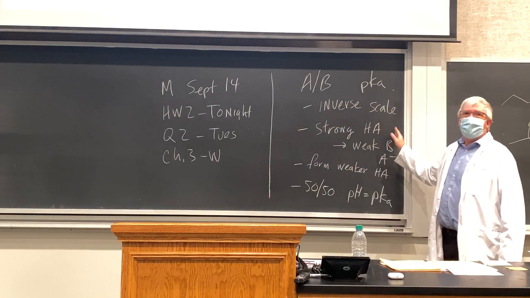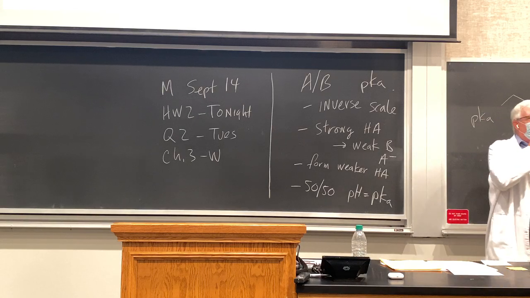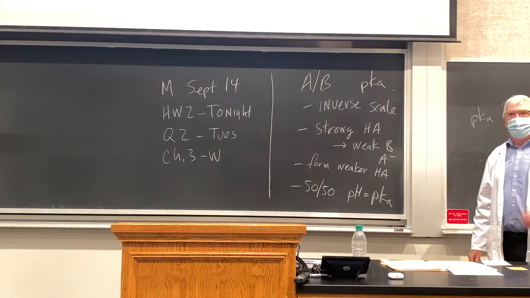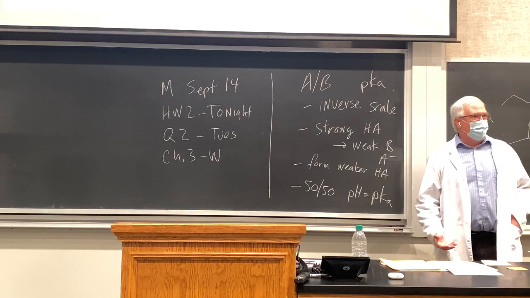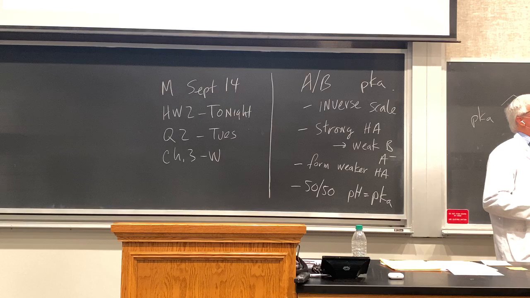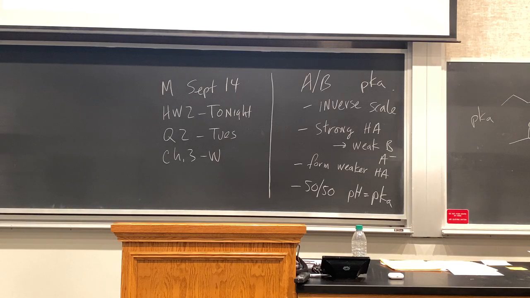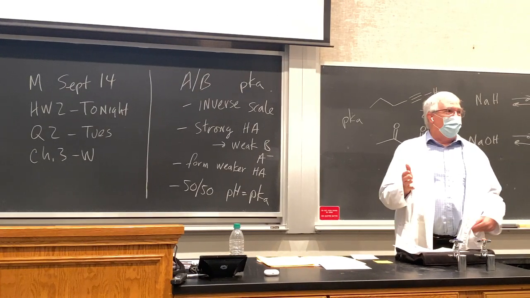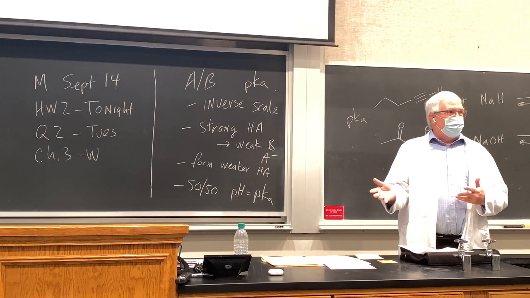So talking about acid-base chemistry, I like to summarize all the key ideas right here. In fact, I call these corollaries, if you will, of the pKa theory. The pKa is minus log of the Ka, which is how strong an acid is. Now that's a direct scale: the bigger the Ka is, the higher it protonates water.